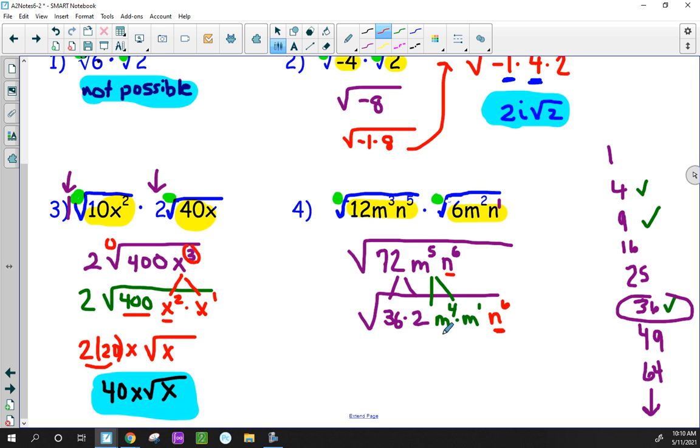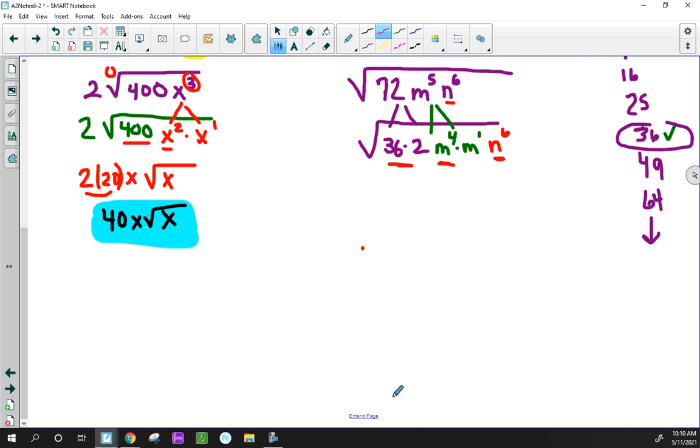Between these two, we know we can take the square root of m to the 4th, and between these two, we can take the square root of 36. So the pieces I've underlined, again, are the numbers or the pieces, factors that need to come outside the radical. Square root of 36 is 6. Square root of m to the 4th is m to the 4 divided by 2, or 2. Okay, so that one's gone and that one's gone.